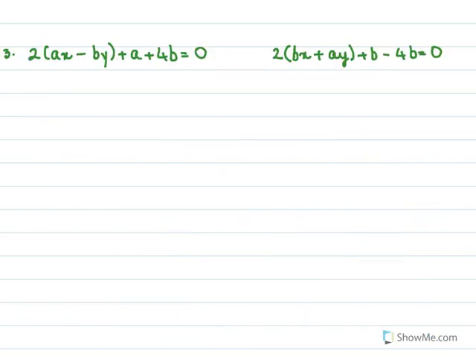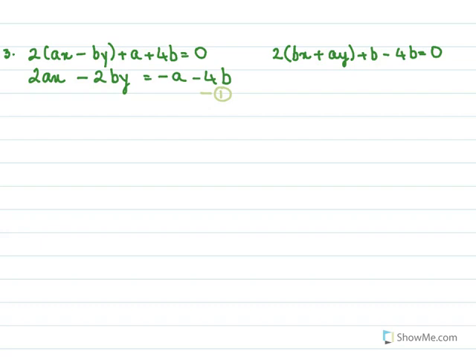Now for the next set of equations, first let me write the equations properly. Let me open the bracket first. So I have here 2ax, 2 multiplied by this becomes 2by, and I'll take the non-x and y terms on the other side, so minus a minus 4b, and I'll name this as my equation 1.